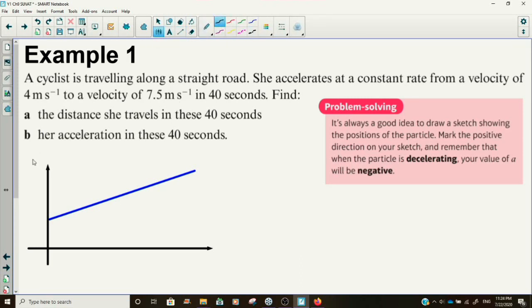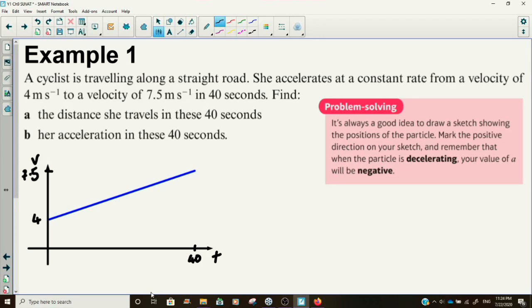Let's label this velocity time, and she starts at 4 meters per second and ends at 7.5. I'll put a little dash there to show the end velocity, and 40 seconds there.